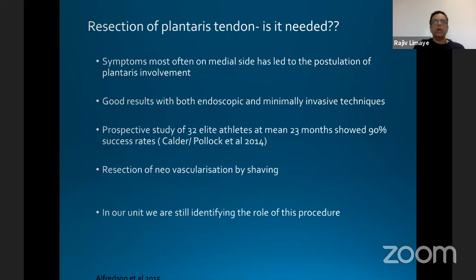The resection of the plantaris tendon is considered to be one of the important features in the treatment of non-insertional tendinopathy. There's a couple of important studies published in 2014, which show 32 elite athletes at a mean follow-up of 23 months, with the excision or resection of the plantaris tendon showing a 90% success rate.